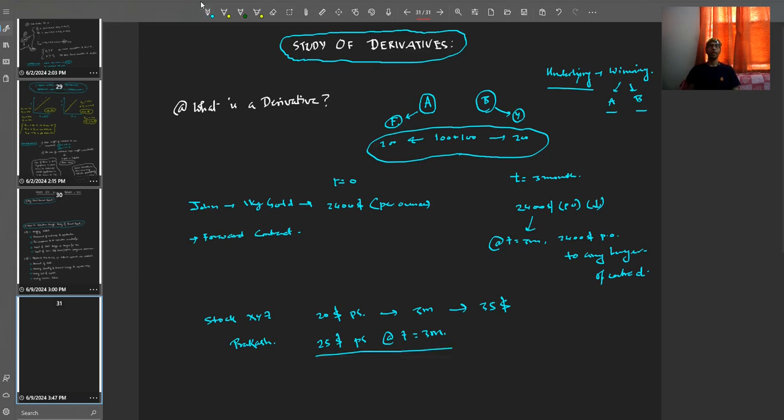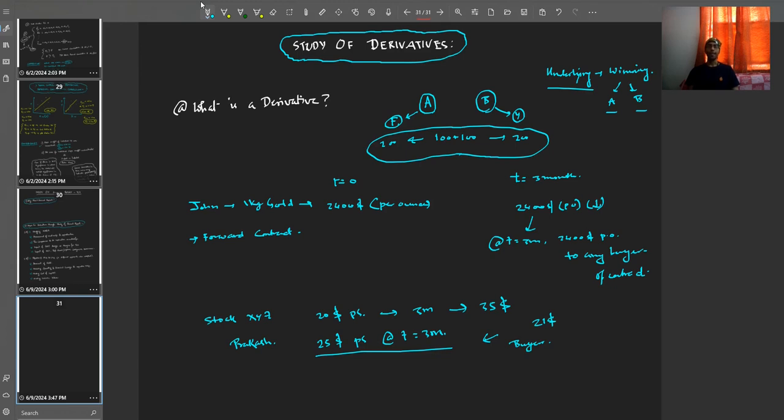Okay. Now let's say to this contract there is a buyer. A buyer who thinks that this stock will not go up till 25. In fact, he thinks that when 3 months are over, the stock price will be, let's say, $21. Right? There is a buyer who thinks like this, buyer of this contract, derivative contract.